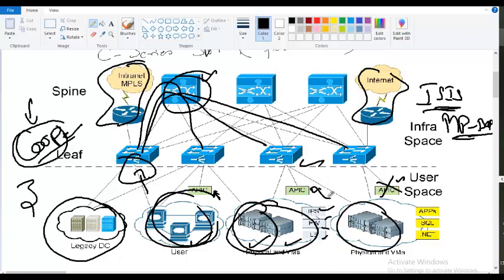So border leaf, compute leaf. This is a border leaf because it connects to the internet, MPLS. And this is also a service leaf because it is connecting to application, SQL service, the firewall service, load balancer service, etc.